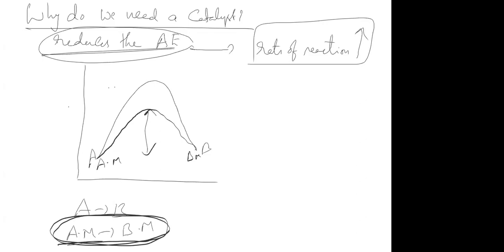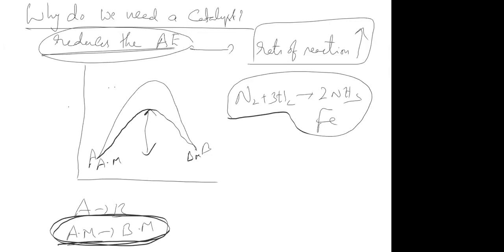Clear? Now let's say iron is the catalyst for the ammonia reaction, N2 plus 3H2 gives 2NH3. Why is only iron working here? Why is nickel not working, or why is platinum not working?